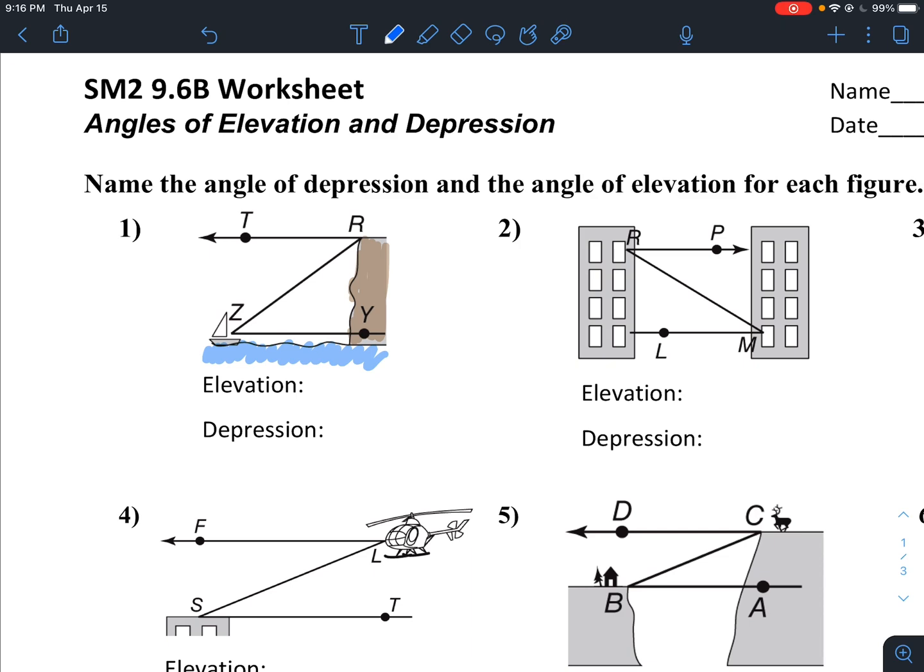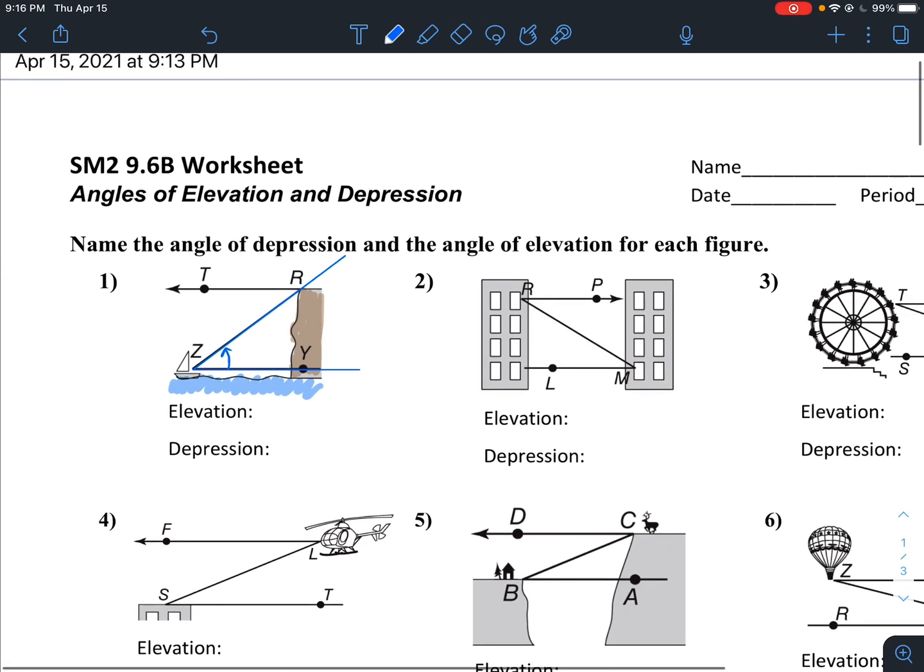There is the top of the cliff, which is right here, and there's an angle that you can form. This line from the boat is the horizontal line, and the angle that is formed from the boat to the top of the cliff is what we call the angle of elevation. You can see that it's an angle that goes upward. So we call this the angle of elevation.